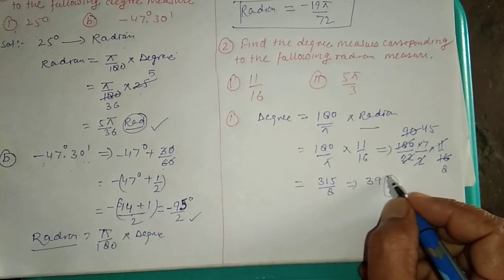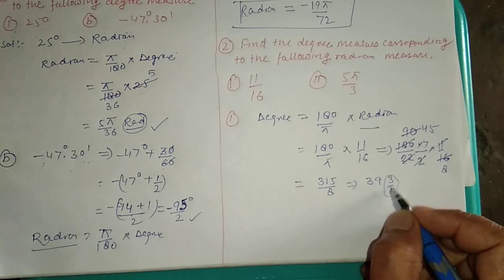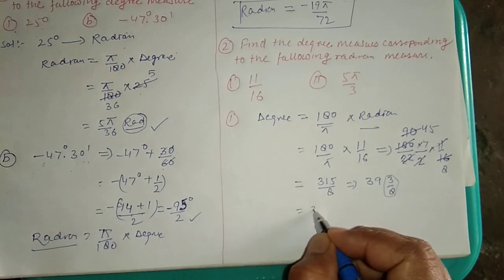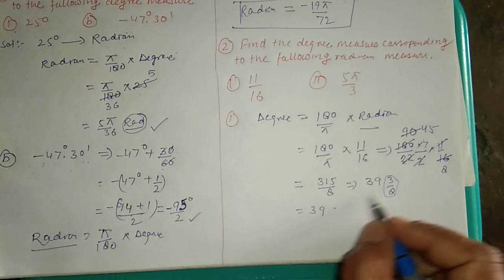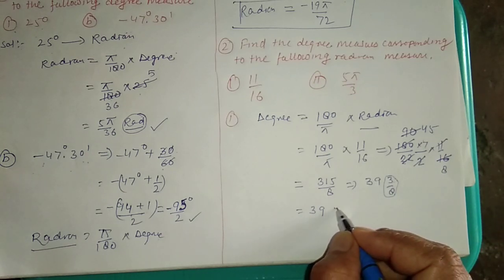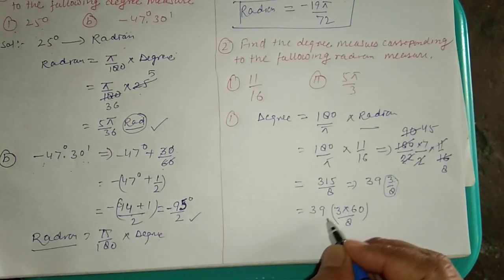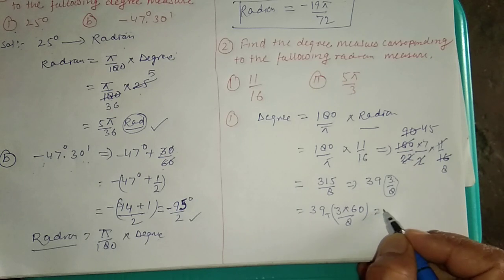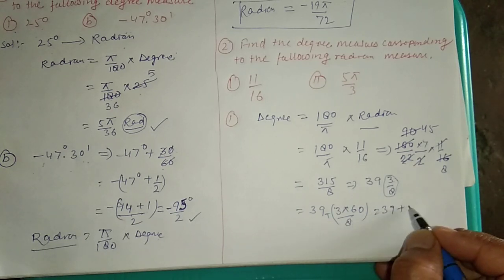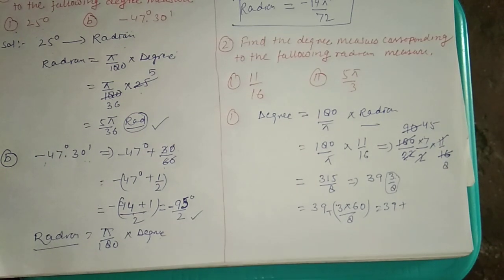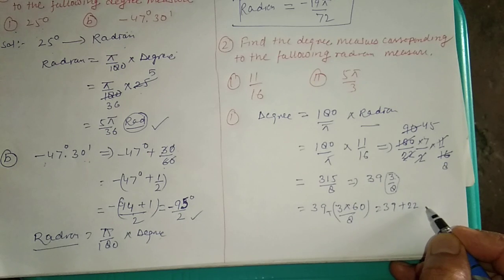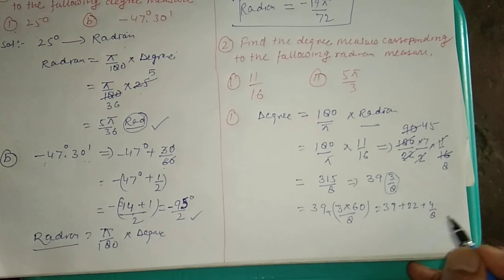So we know that it is not in a proper form, so we have to convert it again. 39 and this 3 upon 8 can be written as 3 into 60 upon 8. Clear? This portion plus 39, so it can be written as 180 upon 8. Again we divide it, so we get 22, and again the remaining we have is 4 upon 8.